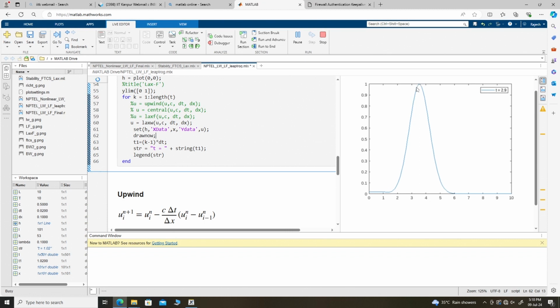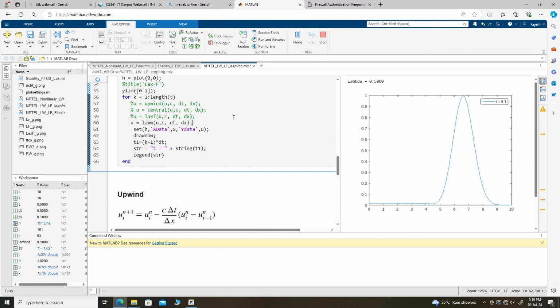Look at the top of the curve, the amplitude is not really going down. That means it does not have any dissipation. It had some dispersion, as you can see that some wiggles are getting developed here, but it does not have any dissipation. It may have very little dissipation at the higher order, but here you cannot see any dissipation.